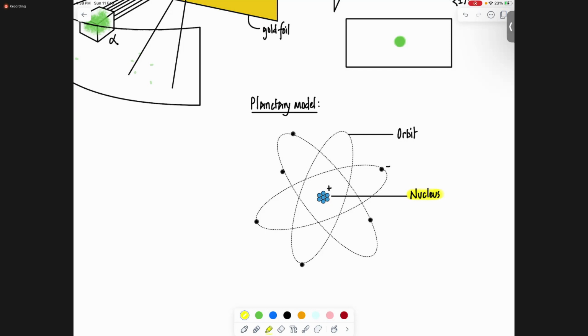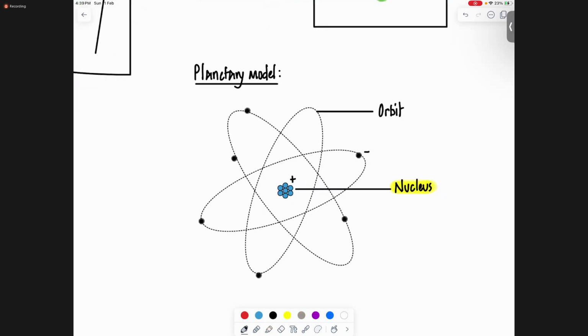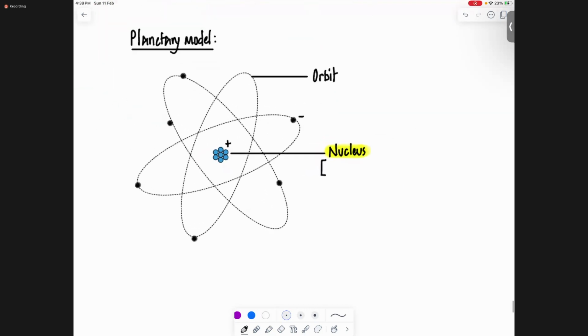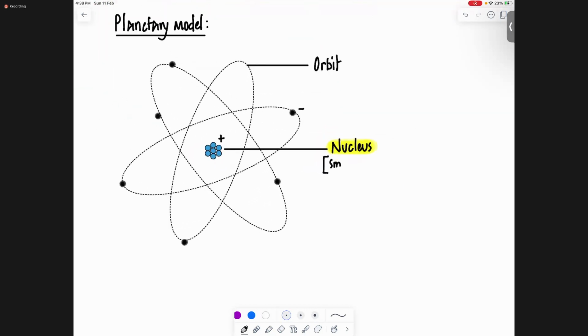So the point I'm trying to make here is that we are not actually focused on the electron and the accuracy of its existence. We are more focused on the fact that the atom has a nucleus, and the nucleus has some very particular words to describe it. The nucleus is very small, extremely small. I'll explain soon how small.